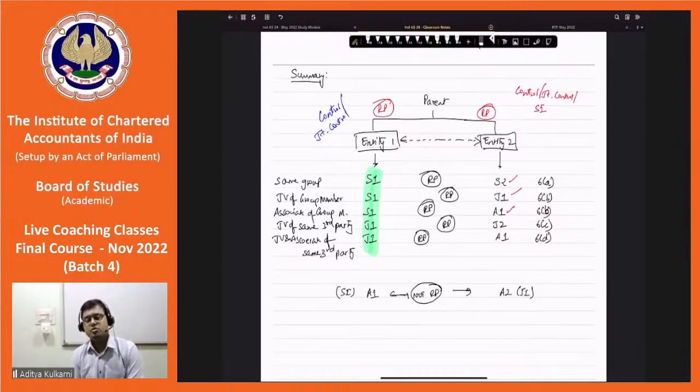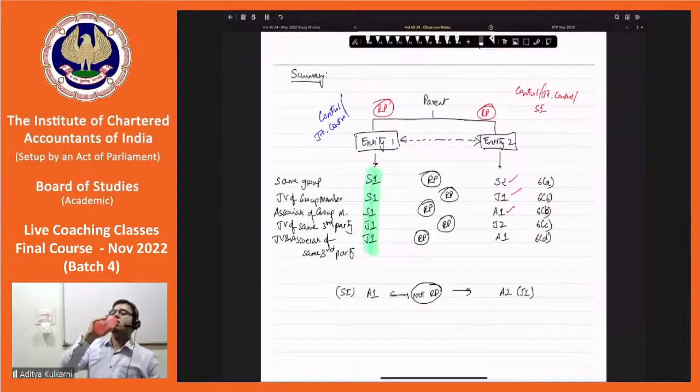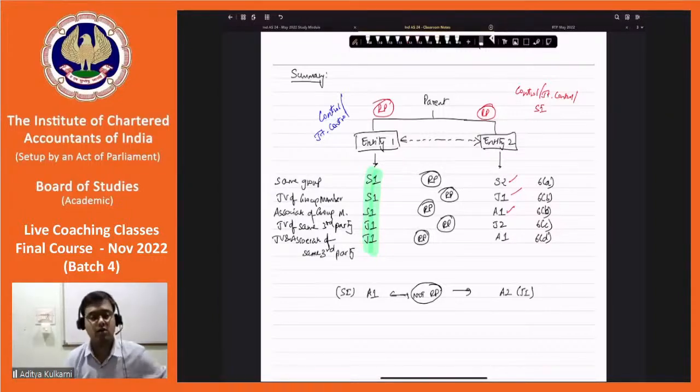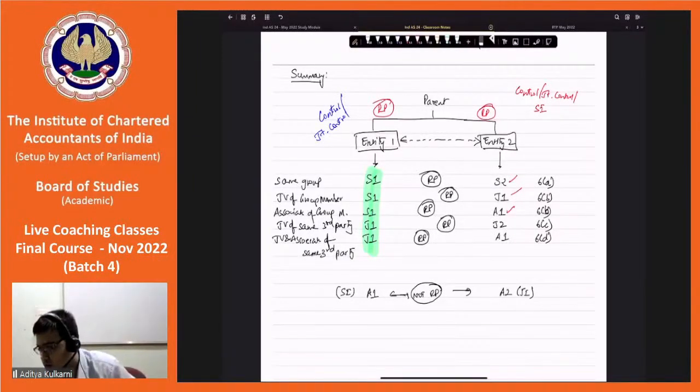This chart captures all the points that we have discussed in so much detail. So two entities will be related if at least one entity is having control or joint control, and the other entity could have control, joint control, or significant influence.